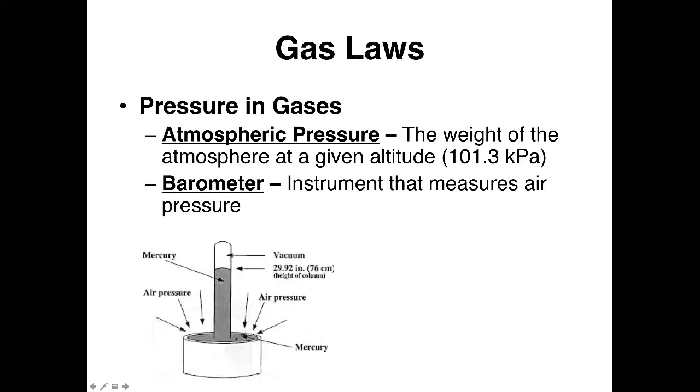And so however much pressure is pressed down on this pool forces the mercury up to a certain height, until the pressure caused by the column of mercury is equal to the pressure caused by the air pressure that's pushing on the pool. And when we talk about 760 millimeters of mercury or 76 centimeters, that's just the distance from the level here up to the point at which it's pushed the column up to. This can also be in terms of inches.